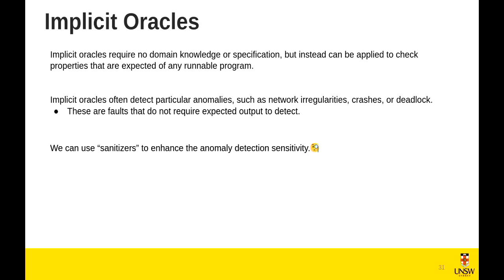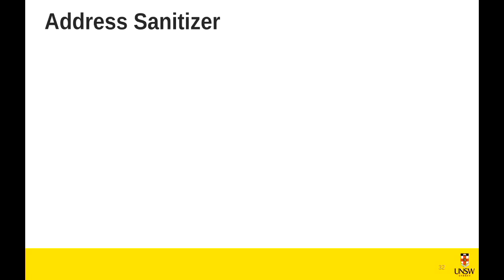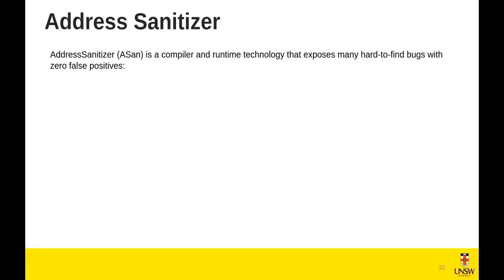So one of the most popular approaches of increasing the detection sensitivity is to use sanitizers. And address sanitizer is one of the most popular ones. So address sanitizer is a compiler and runtime technique that exposes hard to find bugs with 0 false positives.